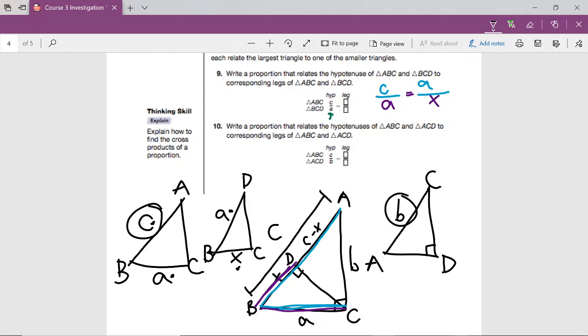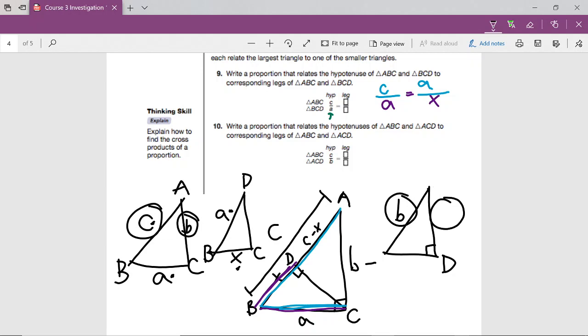C relates to B just like, well, we want the legs now, the corresponding legs of ACD, which in this case, I forgot to label this guy. We are looking at B relates to this side right here. And I think I drew this a little bit backwards, I'm sorry.